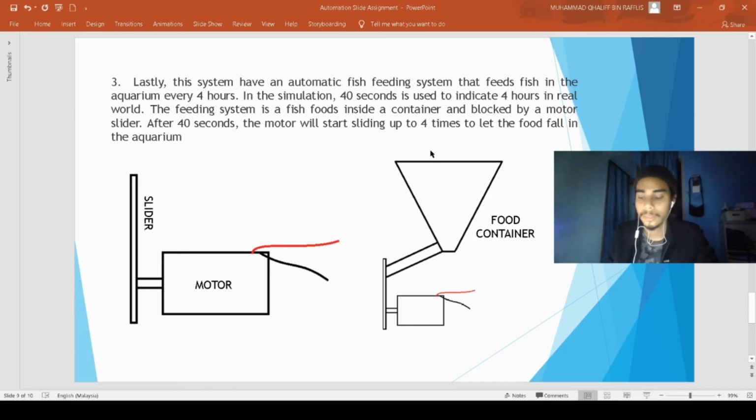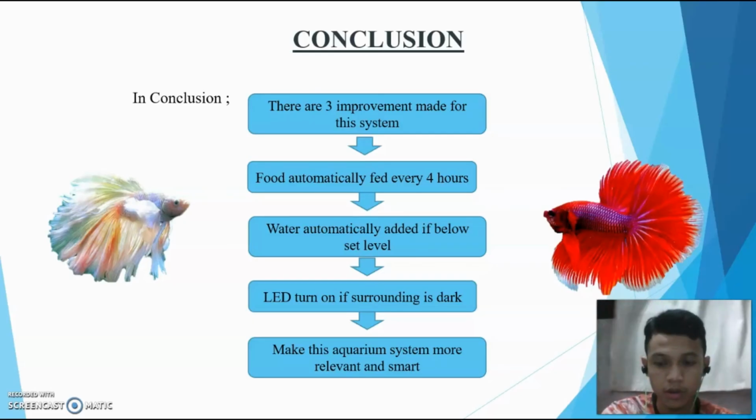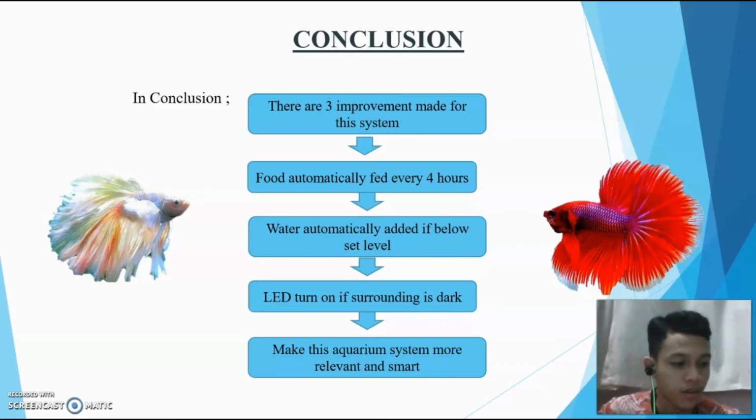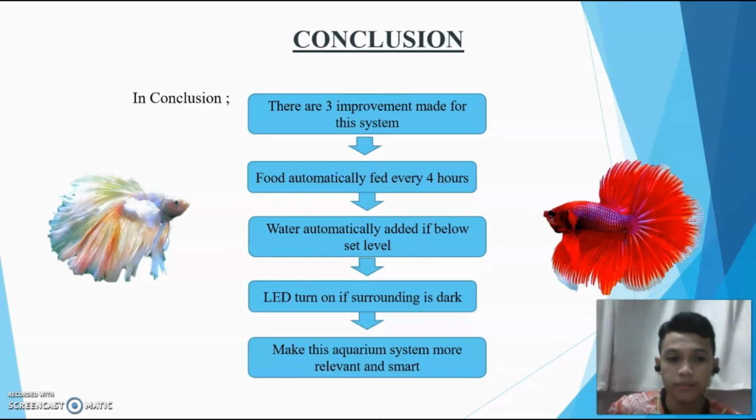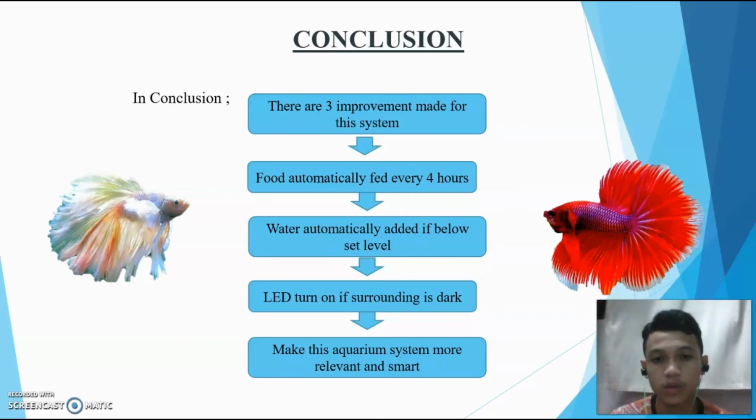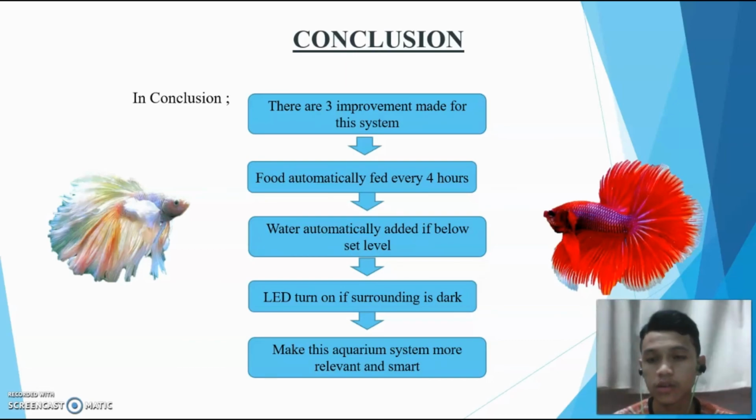This presentation will be passed to Muhammad Fikri. Okay, based on the introduction, process of system, flowchart, ladder diagram, and mnemonic code, we can conclude that there are three improvements made to the system.